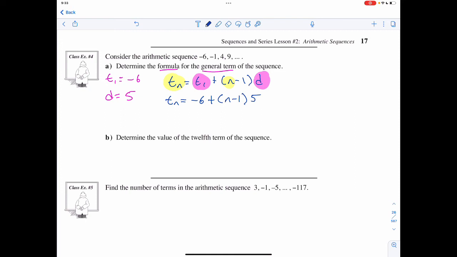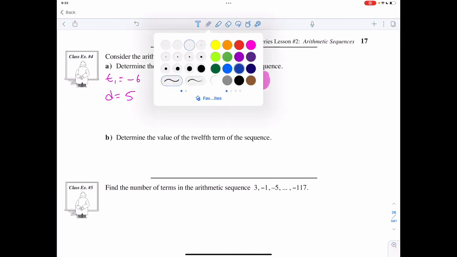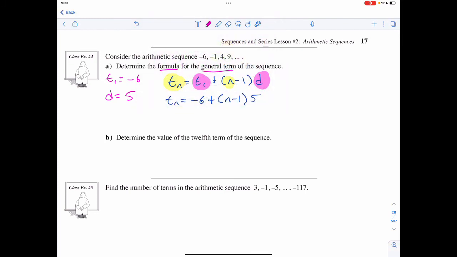Now, sometimes you will see that they will try and simplify this formula. The simplified form of this would be if I took that n minus 1 times 5 and say -6 plus 5n minus 5, or Tn is equal to 5n minus 11.